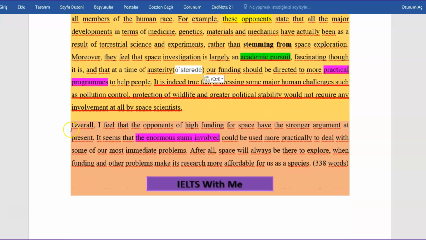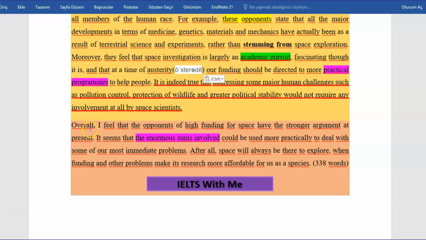At the end, to sum up, all in all, I feel that it seems that the opponents of high funding for space have the stronger arguments at present.